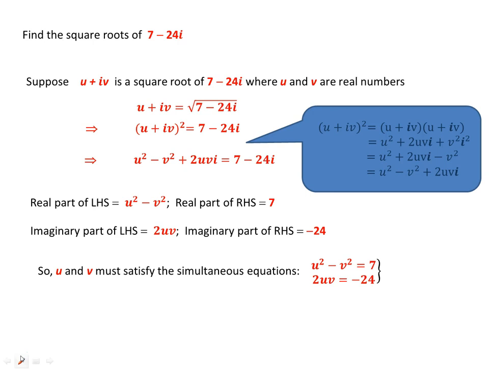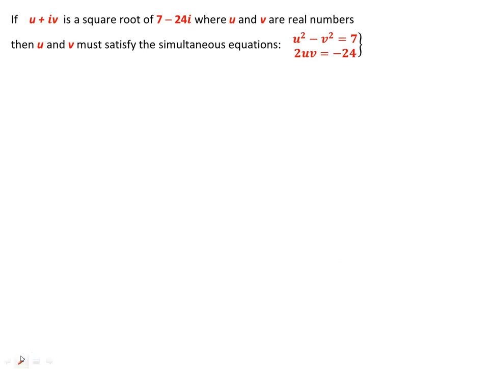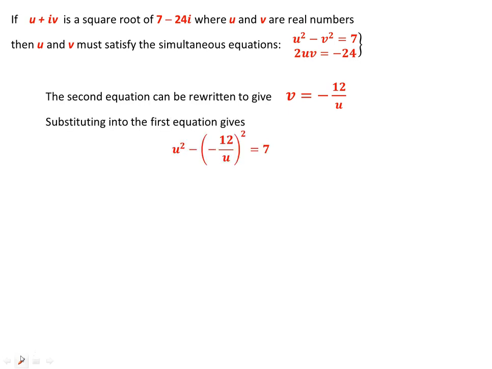So we've got a pair of simultaneous equations to solve to find out what u and v are. Looking at the second equation, we can rewrite 2uv equals minus 24 as v equals minus 12 over u. If we substitute that into the first equation, we get u squared minus (12 over u) squared equals 7.